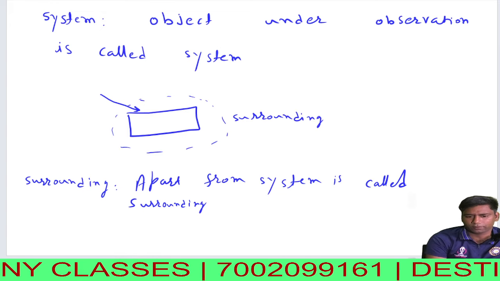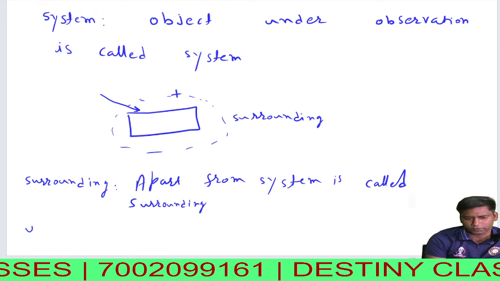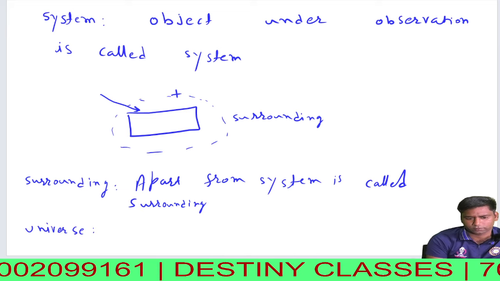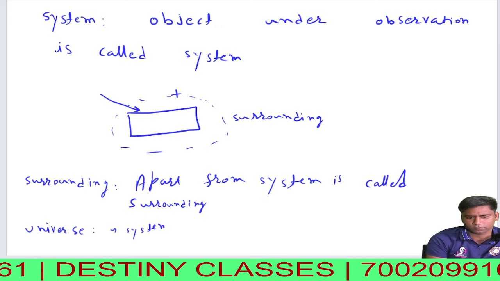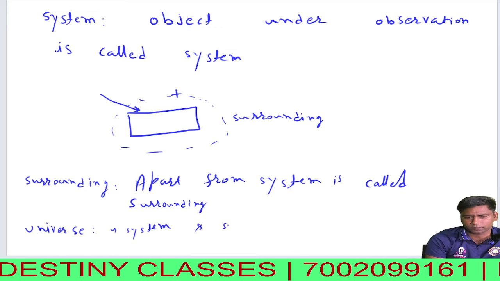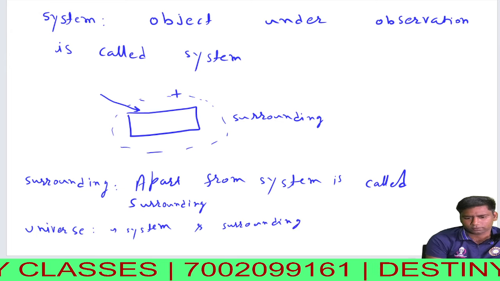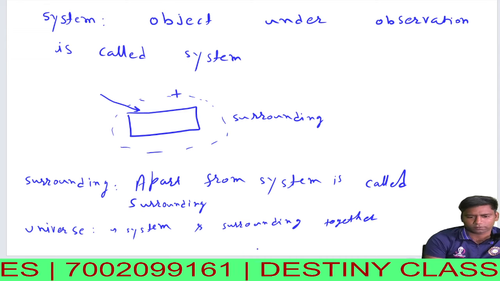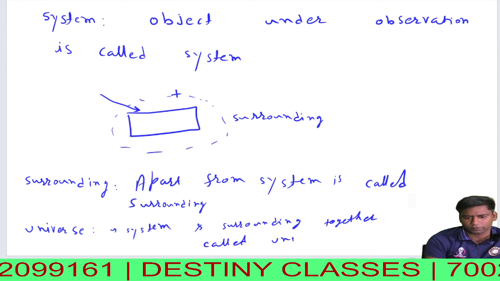And when both are together, it's called the universe. System and surrounding together are called the universe.